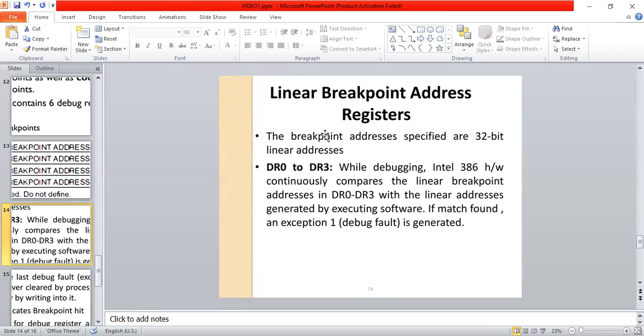If a match is found, exception 1 is generated.